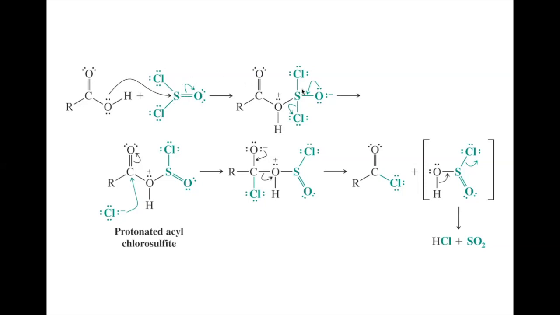Okay. And then removal of, meron din tayong leaving group. No? So para siyang carbonyl, if you look at the structure, it looks like carbonyl, except that instead of carbon, you have sulfur. Tapos may leaving group ka, which is chlorine.